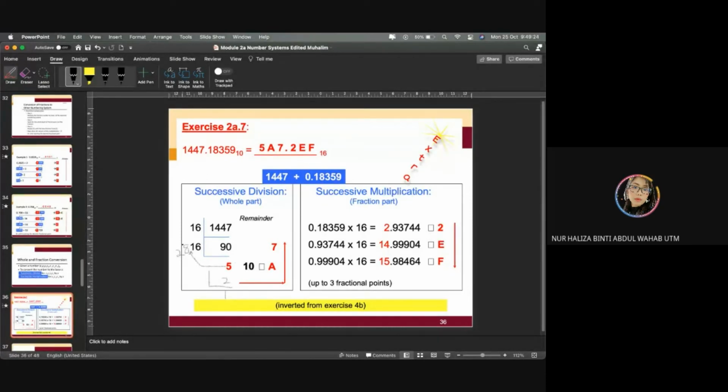So it depends on the number that you want to convert to for the divisions over here. Then you're going to see whether you can divide or not. You're going to stop when it cannot be divided anymore. And of course, you're going to have the remainder. Okay, so any other question?